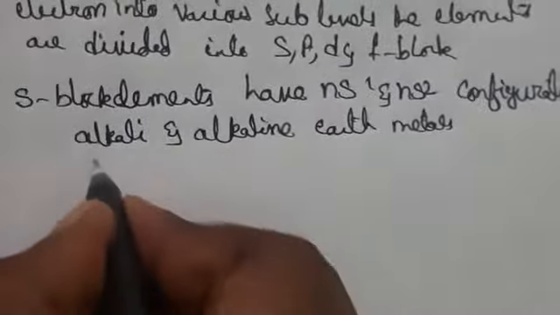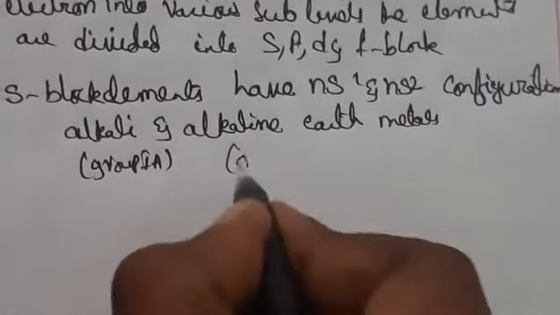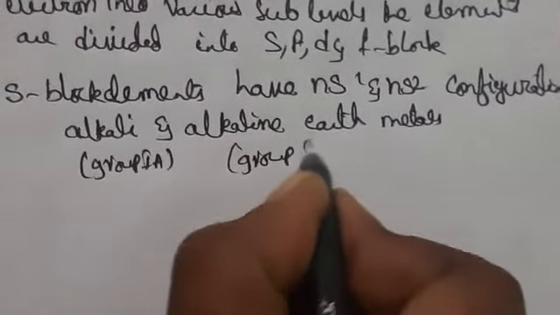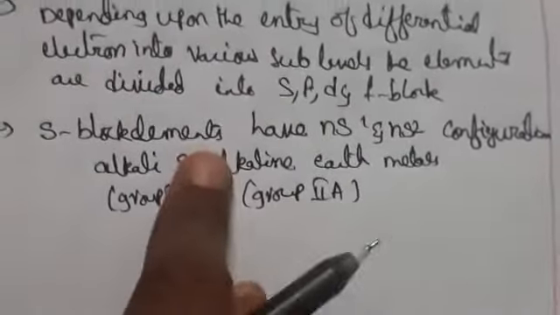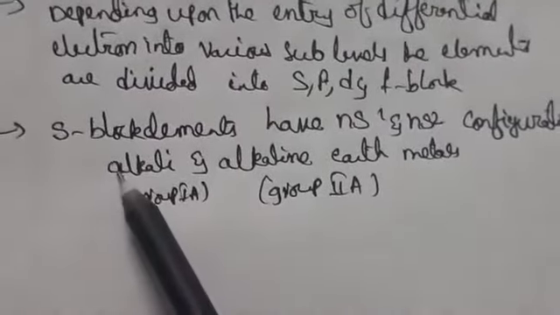That is, for this we can say group 1A elements, and this one is group 2A elements. So S block elements consist of only two groups, group 1A and group 2A. Group 1A we call alkali metals, and group 2A elements we call alkaline earth elements.